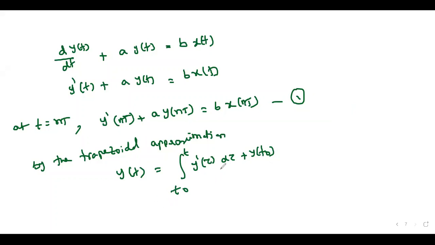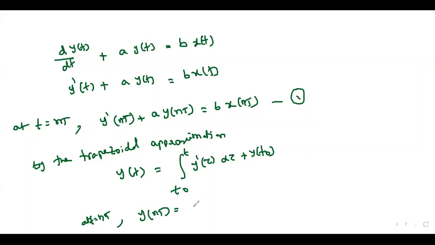No, sir. So this trapezoidal approximation, we can substitute in the first equation, but the first equation is having a t is equal to nt. So for this also, a t is equal to nt. If you substitute, this will become y of nt is equal to... this integral won't come in the discrete.